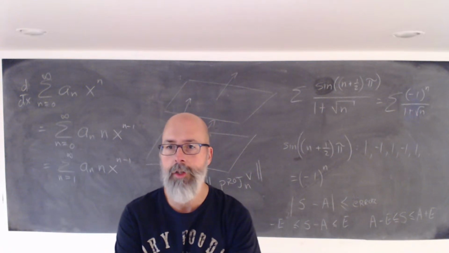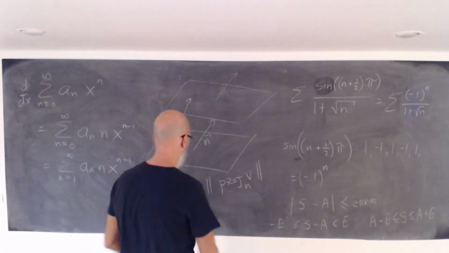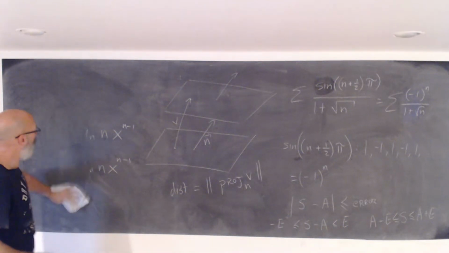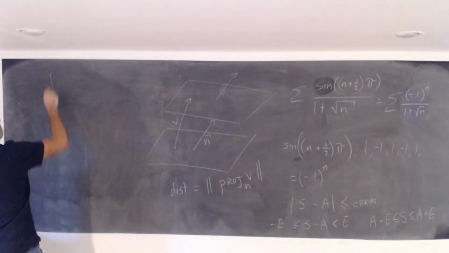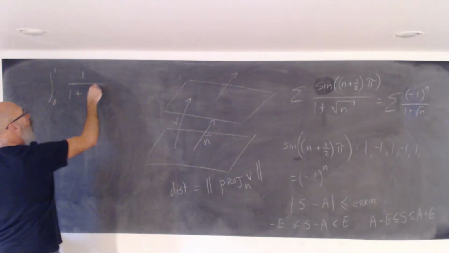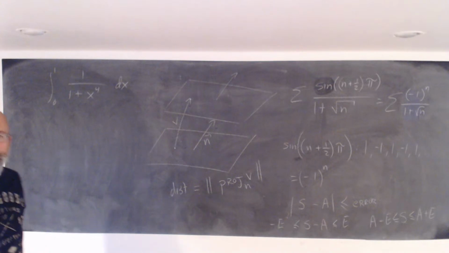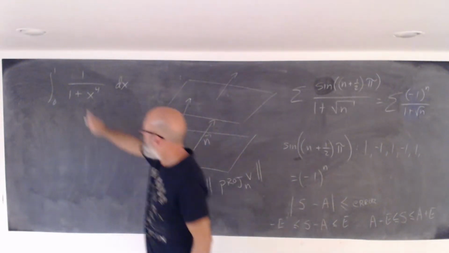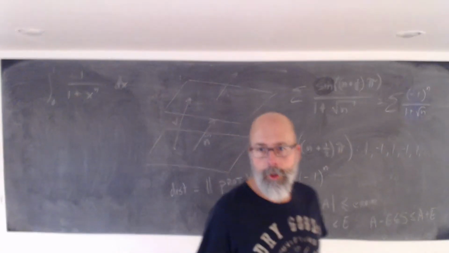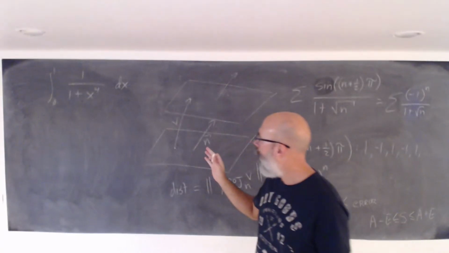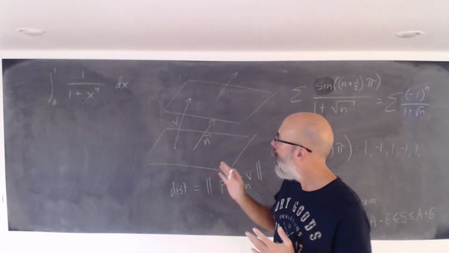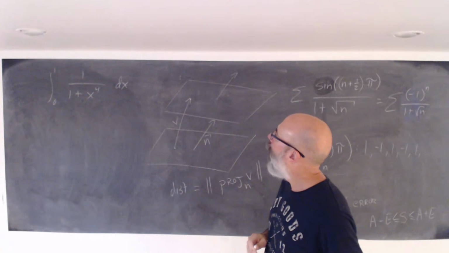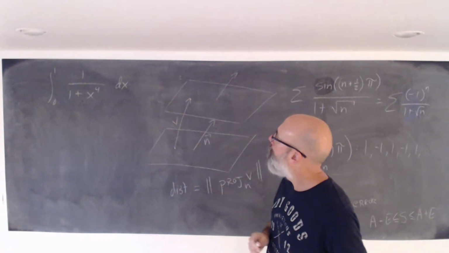Tony is asking, use a series to approximate the integral from 0 to 1 of 1 over 1 plus x to the 4, correct to 2 decimal places. We're not going to do it, but you know exactly how to do it. You could actually integrate this with a lot of work. Let's not do it.